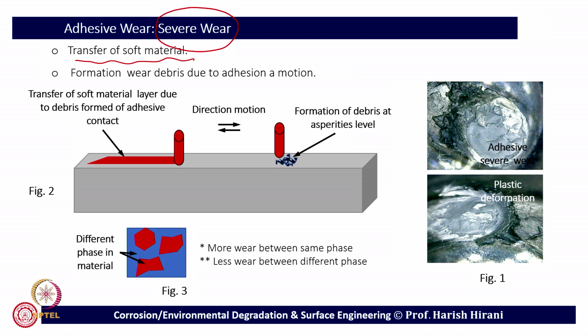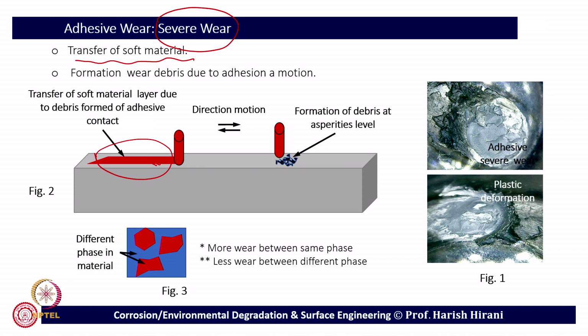If there is a softer material, what will happen? There is a formation of a transfer layer, and if that transfer layer makes the interface weaker, it is very good. But if it does not make a weaker interface, and the interface becomes stronger compared to metal 2 or metal 1, then that is very harmful.